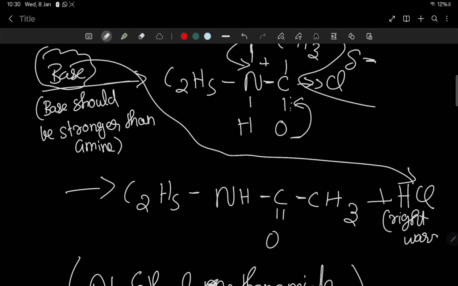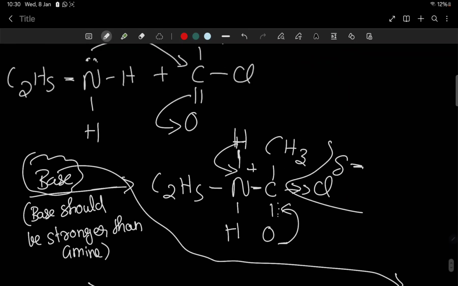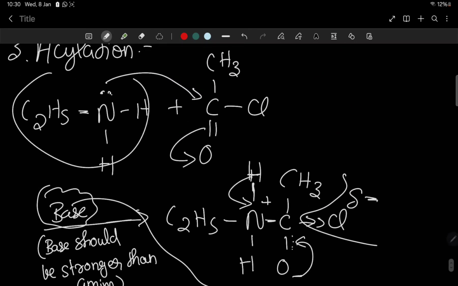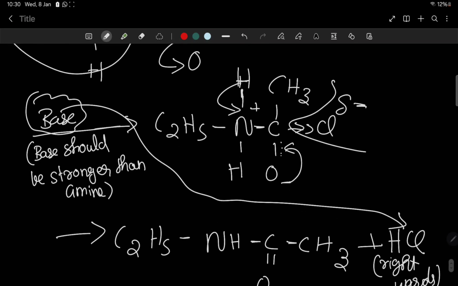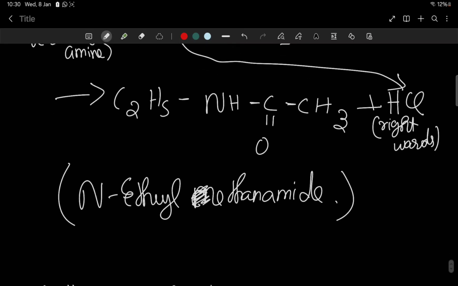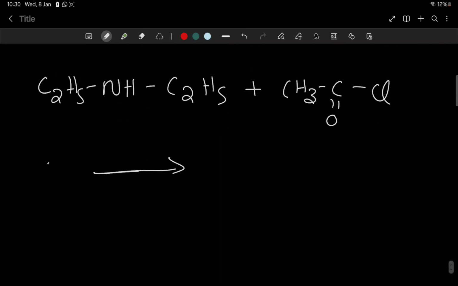That's the reason. Why should we use a stronger base than ammonia? If a weaker base than ammonia is used, the ammonia that we took here will itself act as a base and neutralize HCl. So we don't get enough reactant for creating the product. If a stronger base is used, the stronger base will neutralize the HCl. That's the thing.